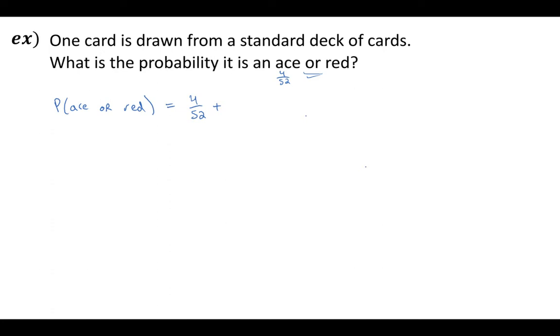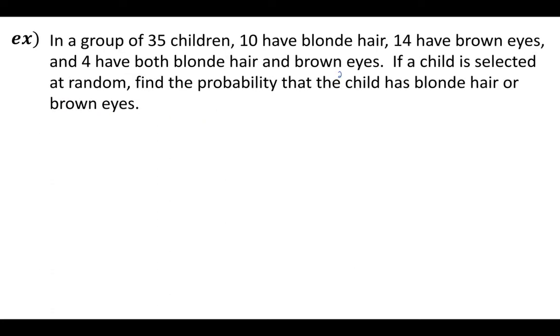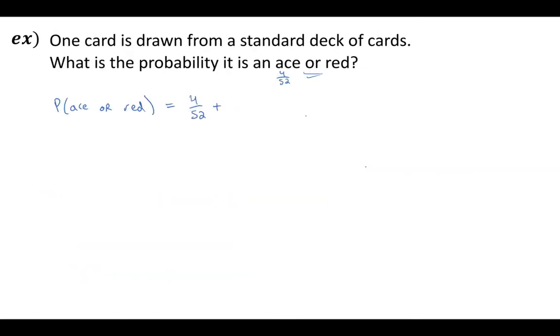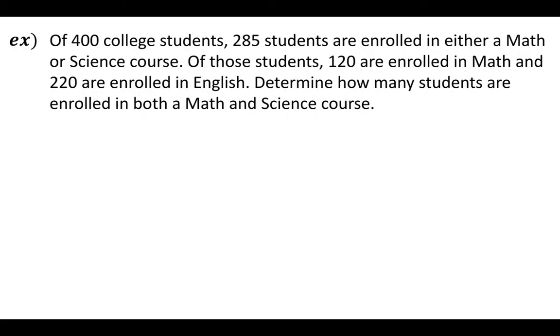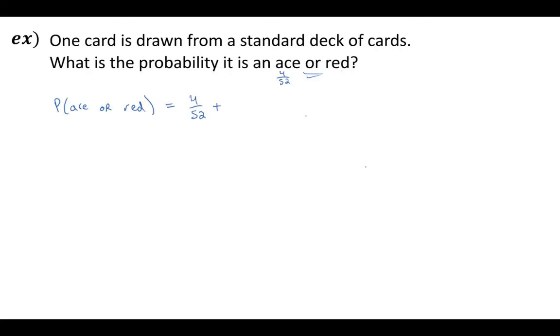So total, half of the cards are red, so that'd be 26. 26 out of 52. And just leave it as that out of the 52 for now. Don't try to simplify these until the end or else it'll be very difficult for you. So plus 26 out of 52.